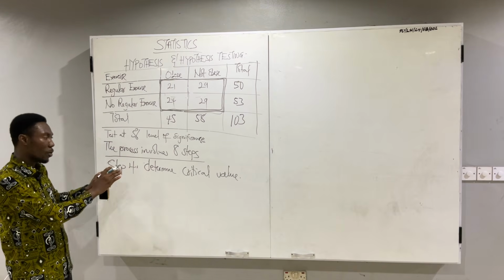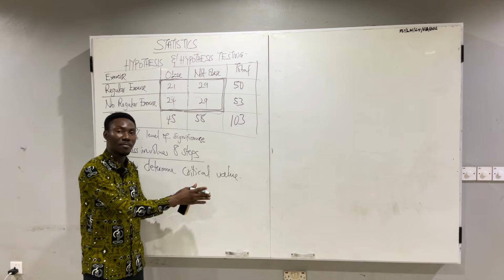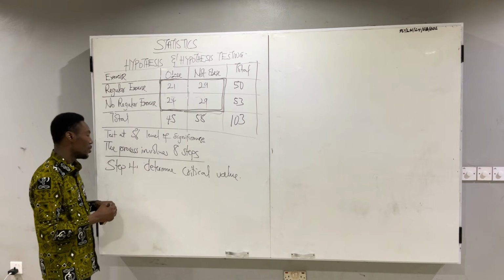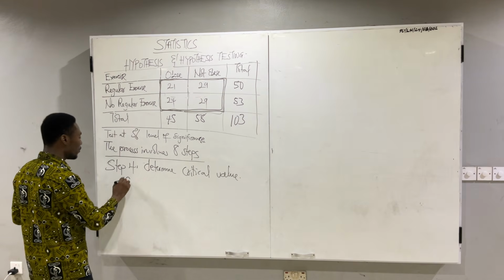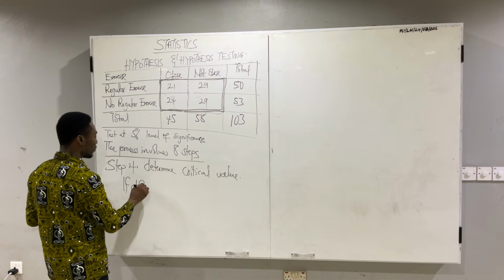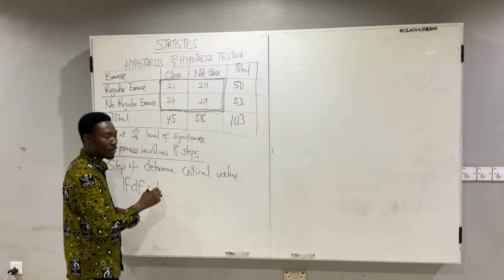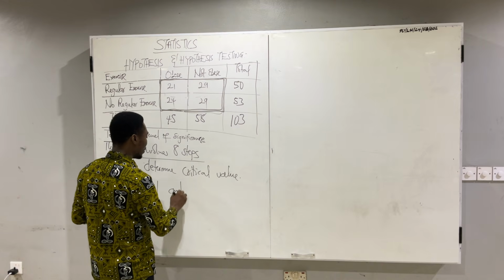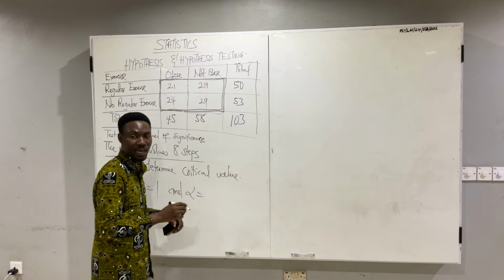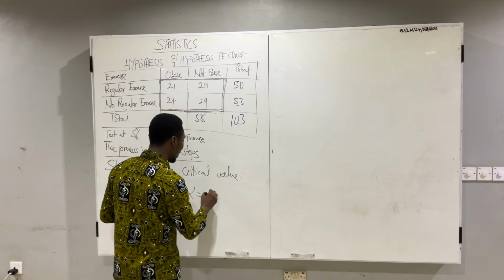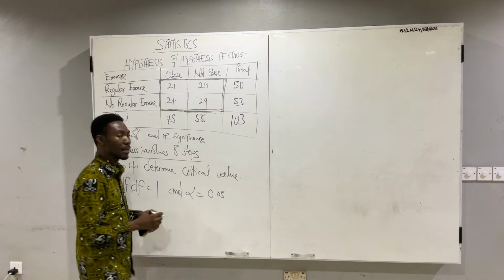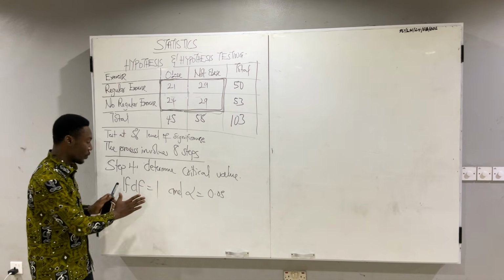So in step 4, you are going to determine the critical value. How do you do that? You simply write: if df is equal to 1 and alpha is equal to 0.05.